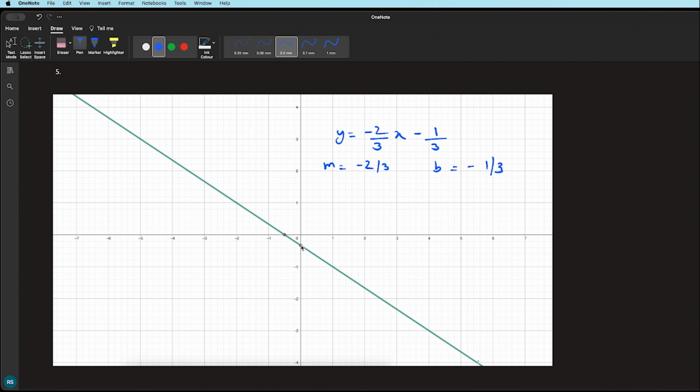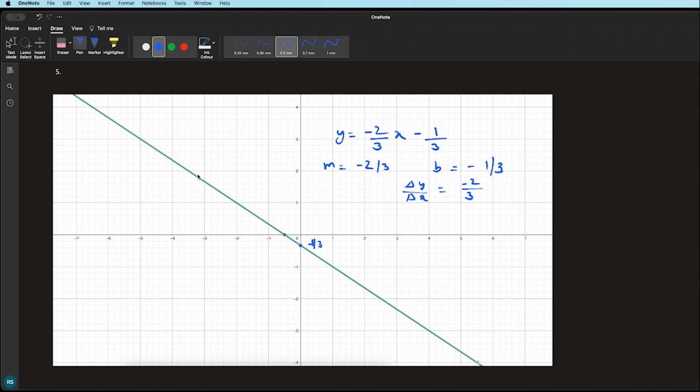You can see that this point is represented by minus 1 by 3, so this line is cutting the y-axis at the point minus 1 by 3. Now if you want to see how this works, the slope is minus 2 by 3. Here you can also write it as delta y upon delta x. My delta y is minus 2, that is my rise, and my delta x is 3.